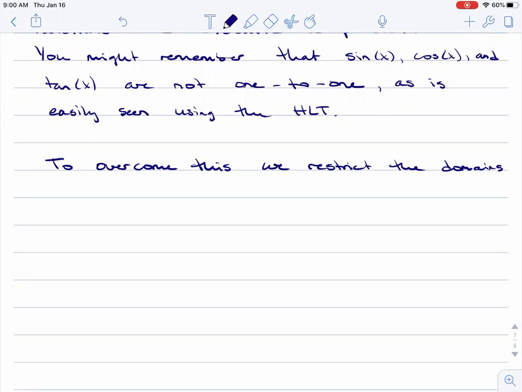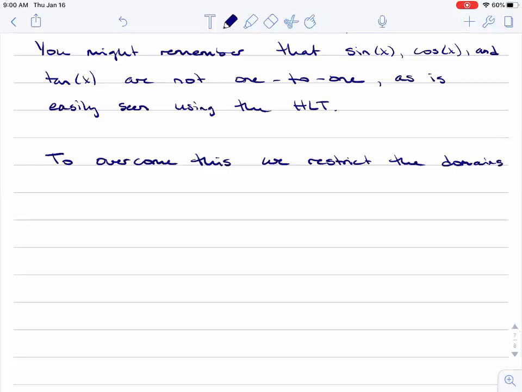So we only look at a little portion, as much of the curve as we can, but just until it's one-to-one.